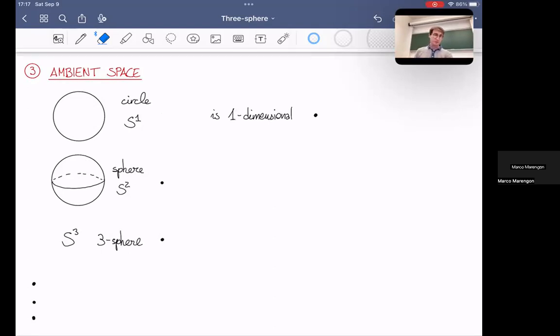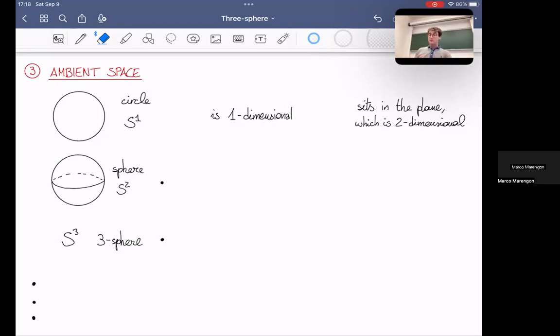This is a one-dimensional object. We mentioned that locally you can move only along one line of directions. But in order to see it in its entirety, you need to go to two dimensions. So to see it in its entirety, you need to see it in the plane, which is a two-dimensional object. So in order to see a one-dimensional object completely, we have to go one dimension up.